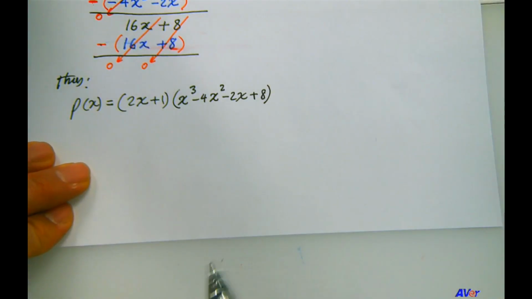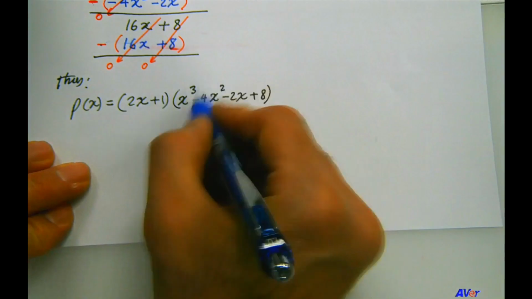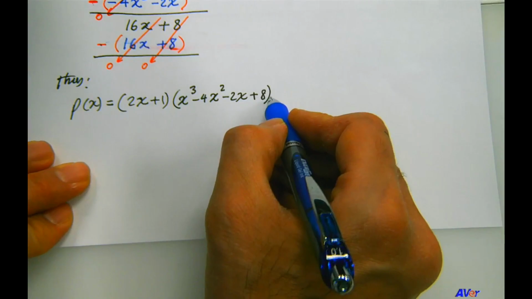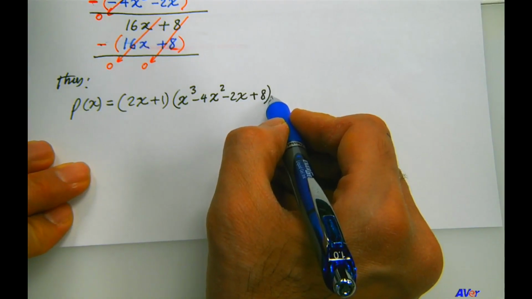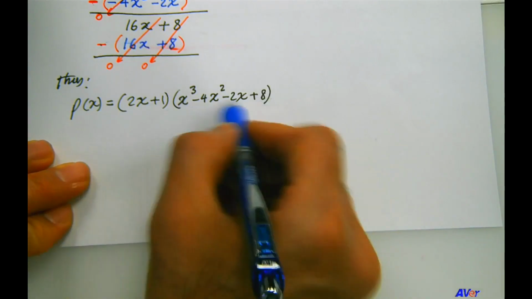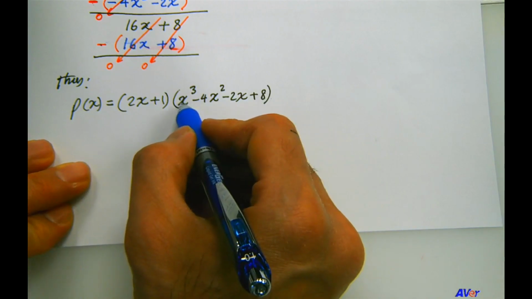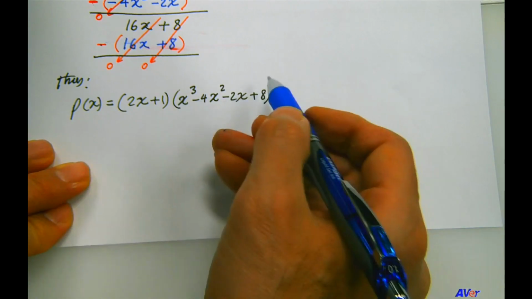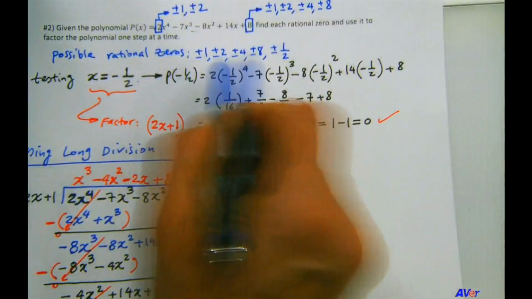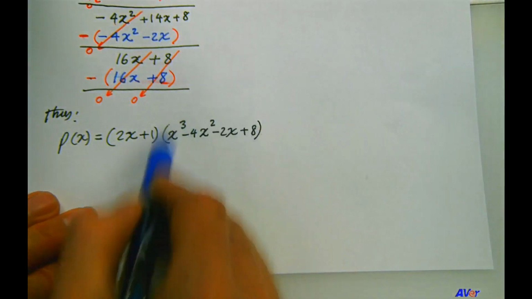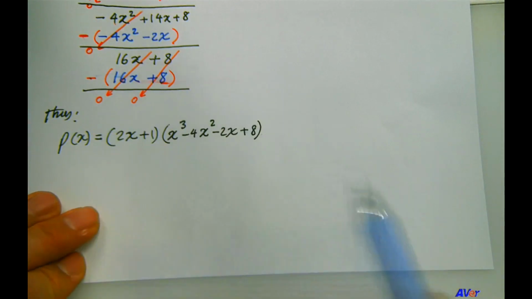But something interesting happens here because if you notice, we have 4 terms in this polynomial, right? And in earlier sections, we said one way to factor a polynomial with 4 terms is by grouping. So let's try factoring by grouping. Like I said, you can keep testing these numbers here to see which one would make this piece equal to 0. And then that would give you another factor.